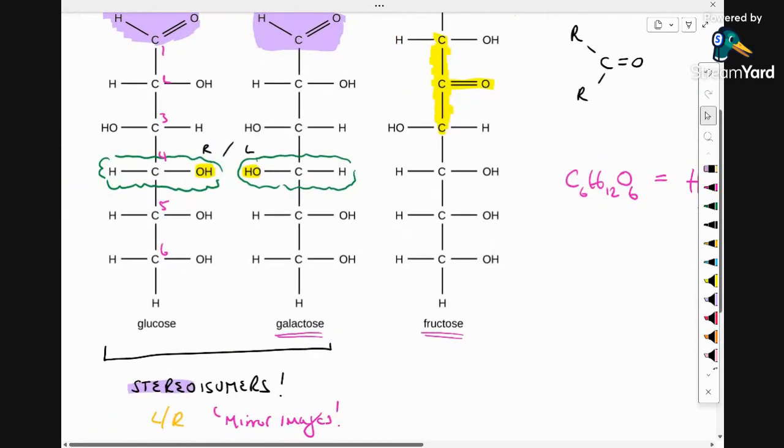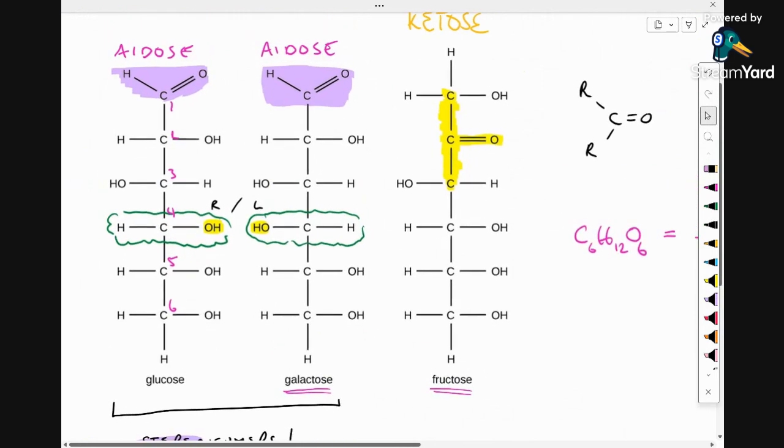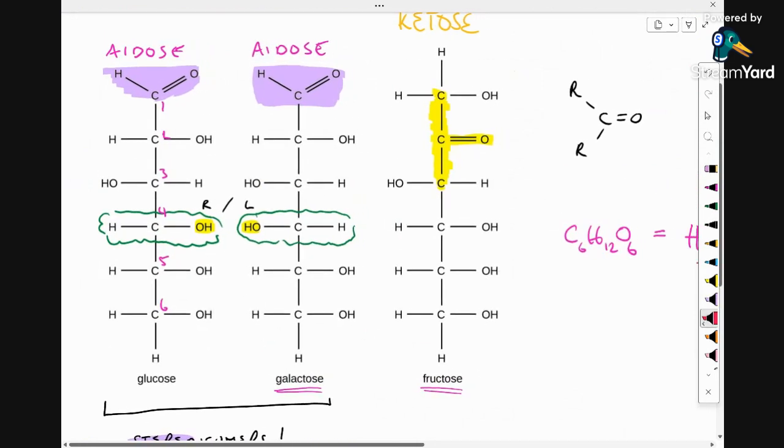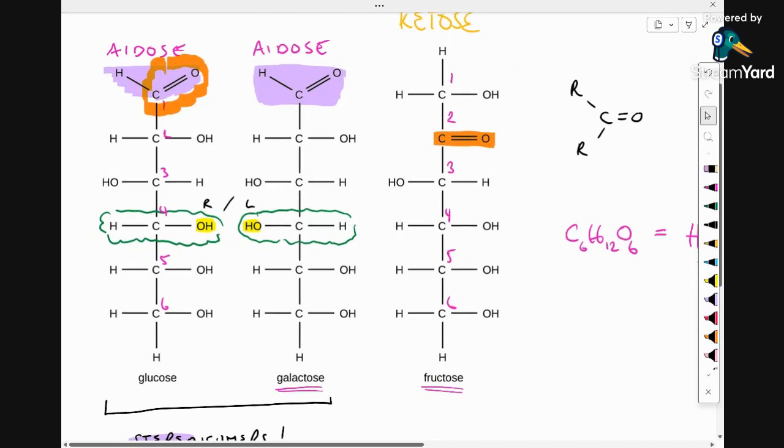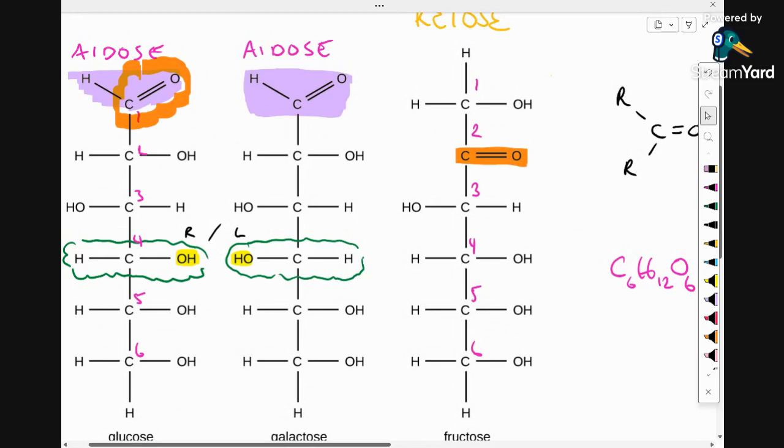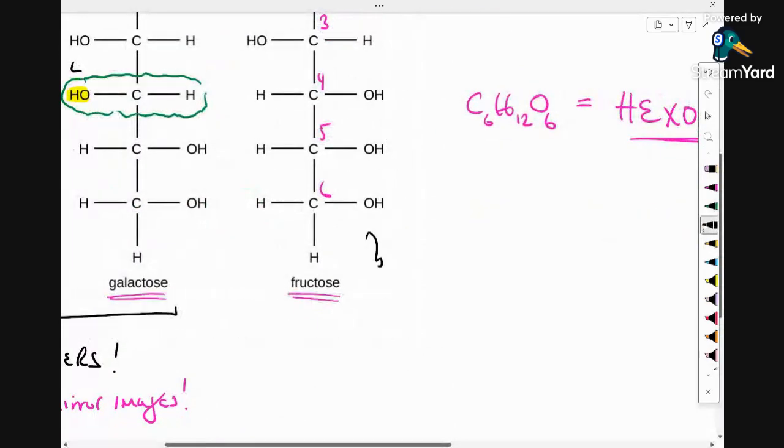The difference between glucose and fructose is a bit more pronounced. Hopefully you can appreciate it is what gives rise to the ketone functional group, because the C double bond O in glucose on carbon 1 has been moved to carbon 2 in fructose. If we number the carbons again, 1, 2, 3, 4, 5, and 6, the C double bond O is now on carbon 2. I labour this point because we have therefore changed the structure.